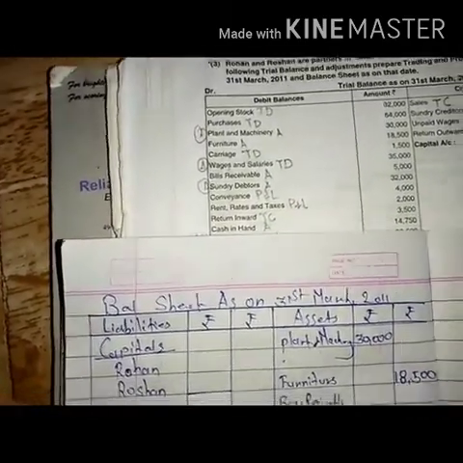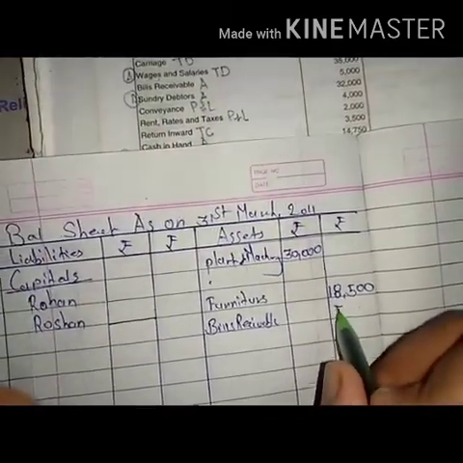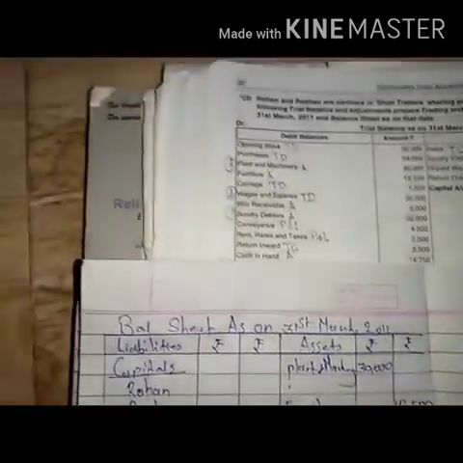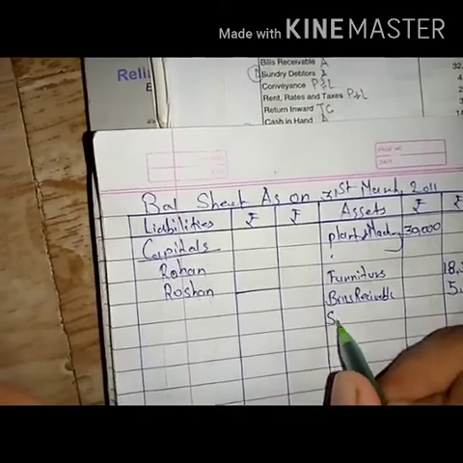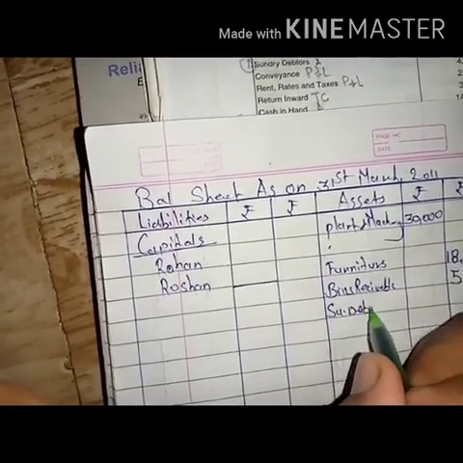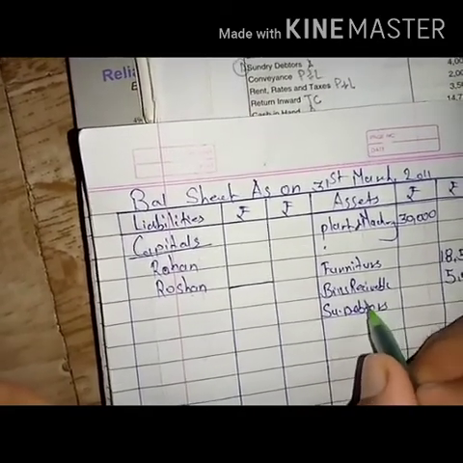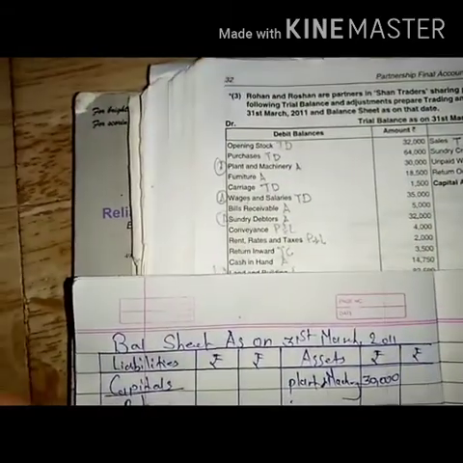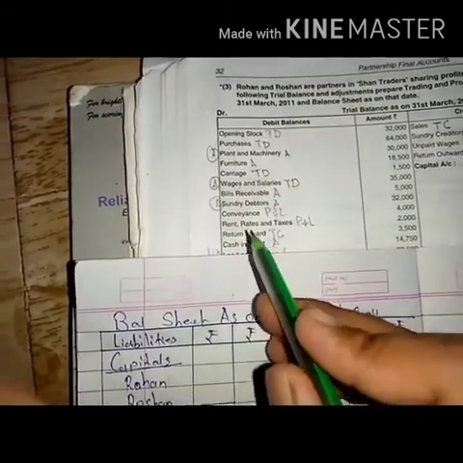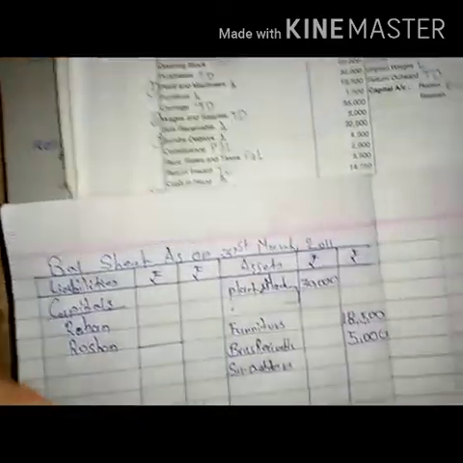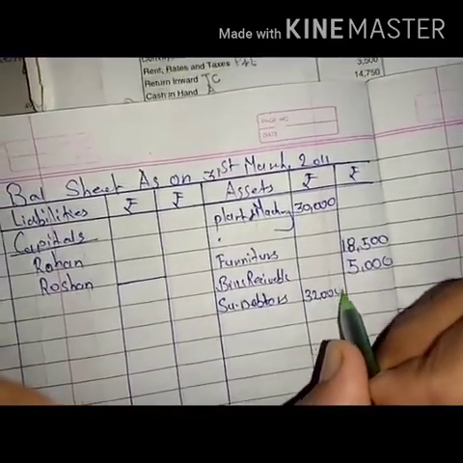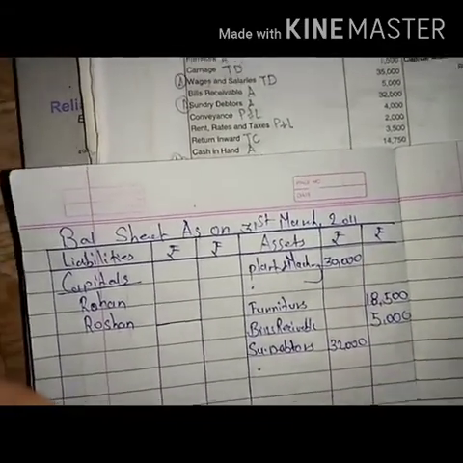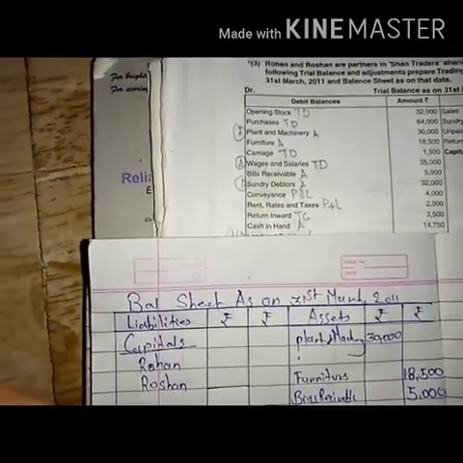Bills receivable doesn't have any adjustment either. 5,000. Next, sundry debtors. Sundry debtors amount is 32,000 and it has an adjustment. I'm going to leave one line for one adjustment.